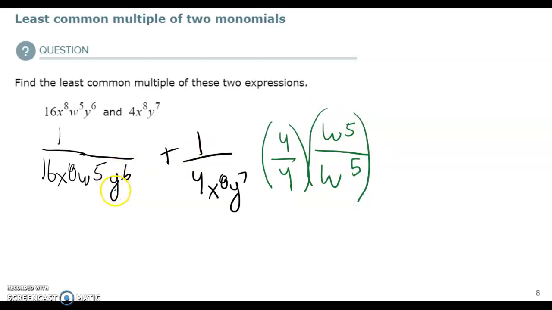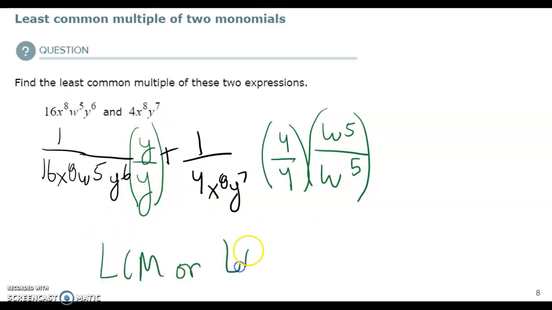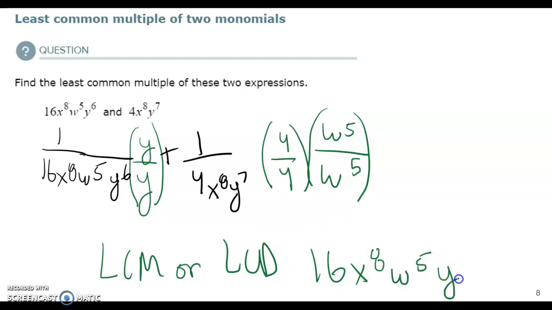And if we look at y's, the 7 and 6, both sides at least need 7 y's. So our least common denominator would be 16. I have 8 x's, everyone needs 5 w's, and everyone needs 7 y's. I was thinking x, y, z. You guys are doing great.